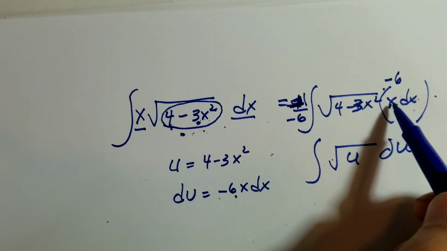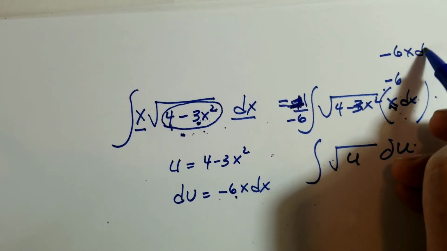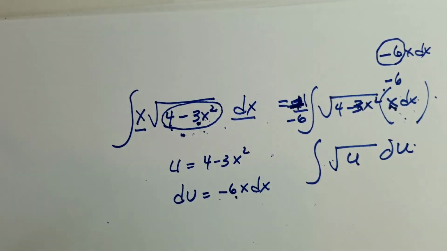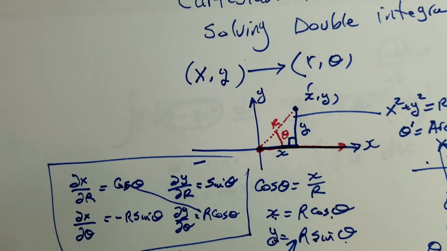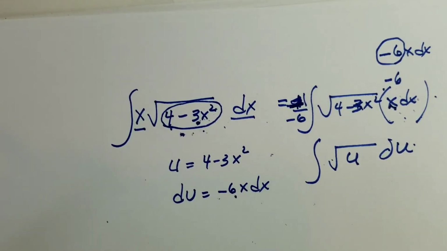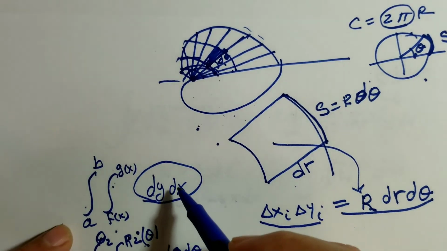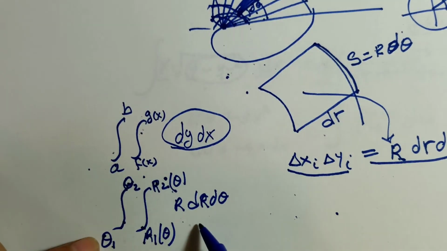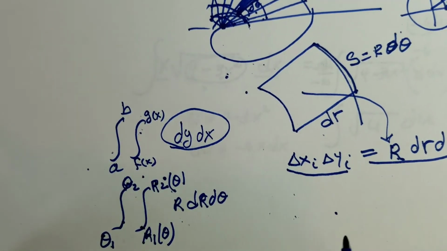Did you see that when I change to a variable, you must have a negative 6 in here? And how did you add another constant multiple? Then when you go from Cartesian to polar, you do need that r added to it. Therefore, from today, you have to know this is the area in Cartesian, this is the area in polar.